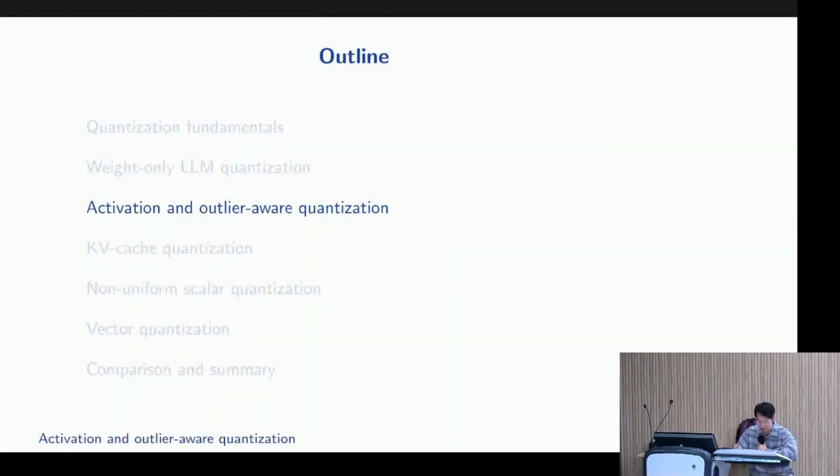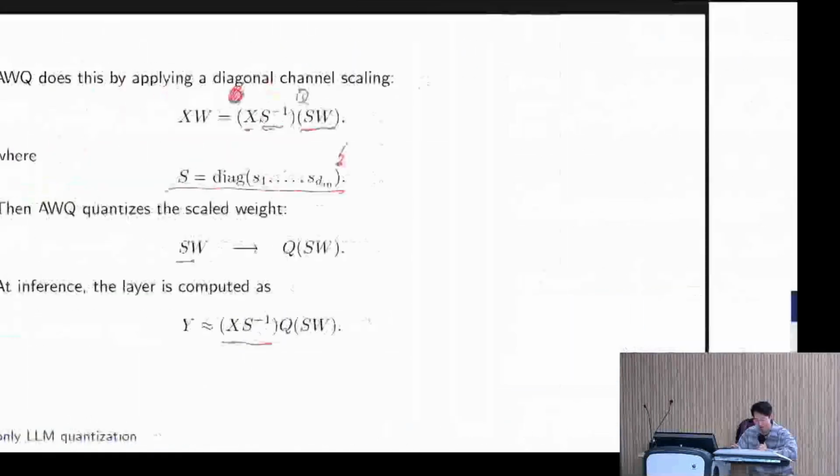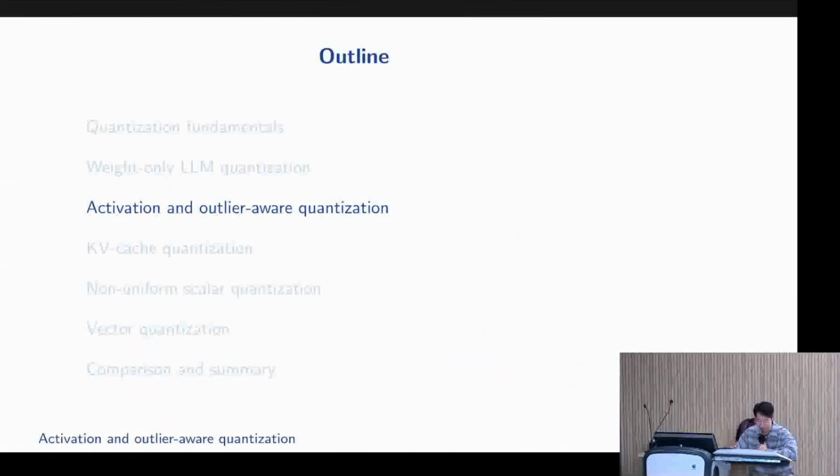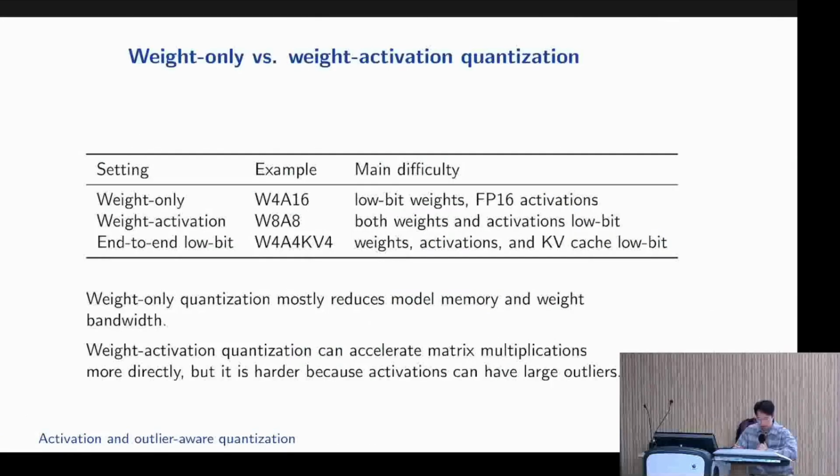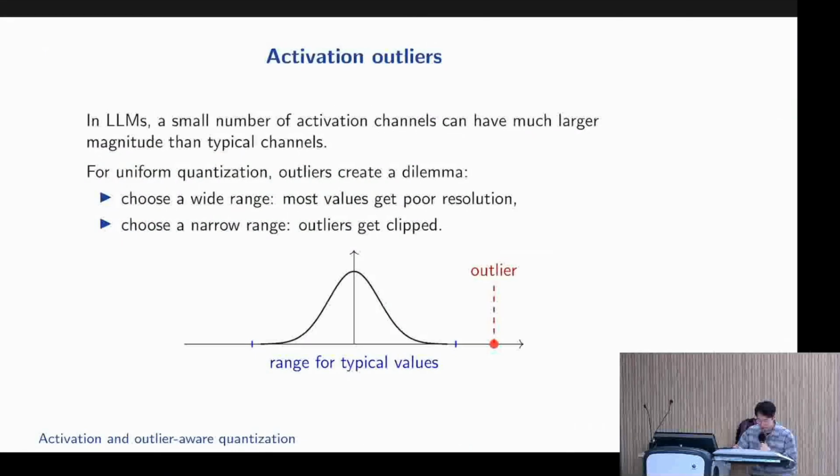So yeah, I'm going to skip some details because we're going to generalize this. All right, so we talked about this. One of the big problems in quantization is how to deal with these outliers.